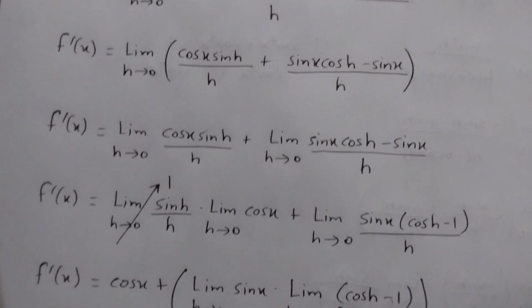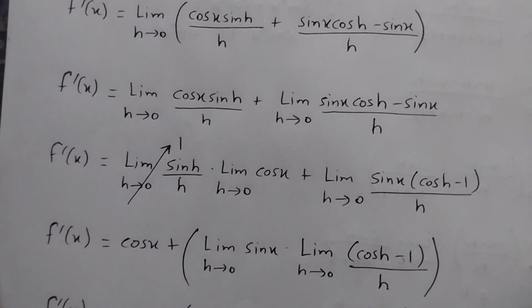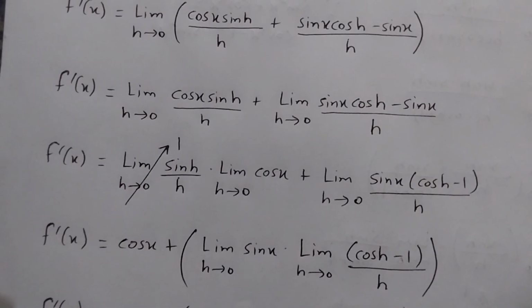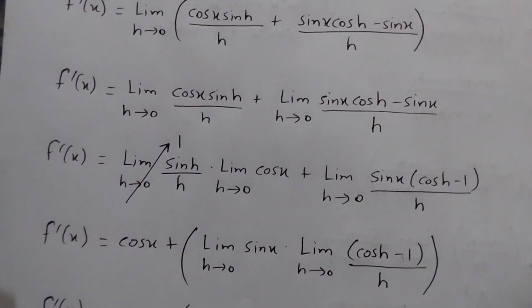So in the first term we have 1 into the limit of cos x as h is approaching 0. So cos x is basically a function of x, and we are taking the limit with respect to h. So we don't have any h here, it is a function of x. So cos x will remain cos x. We can't really put h equal to 0 here.